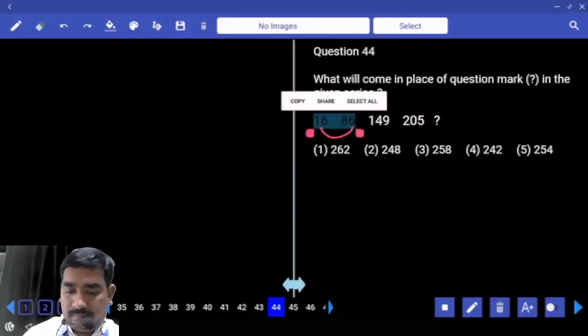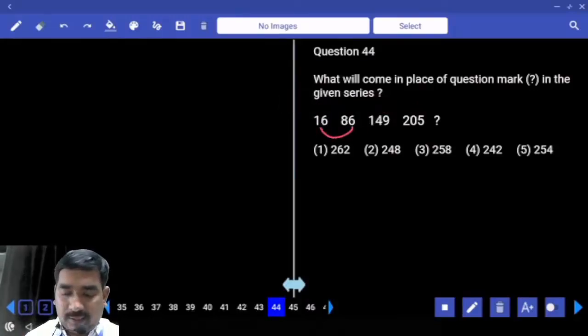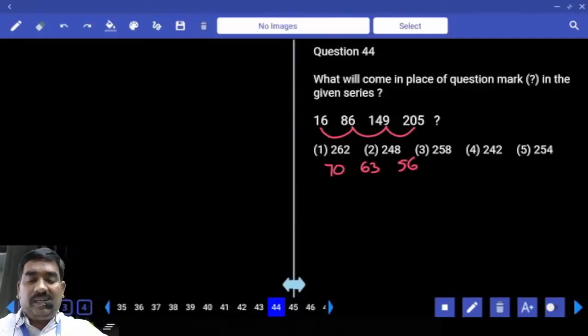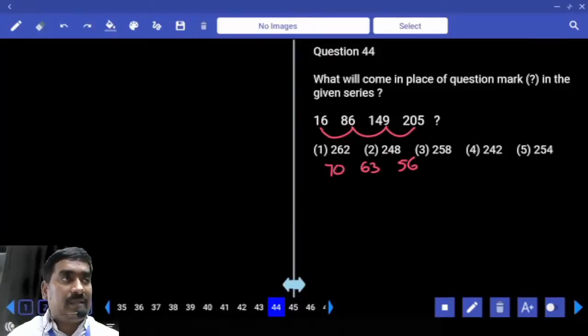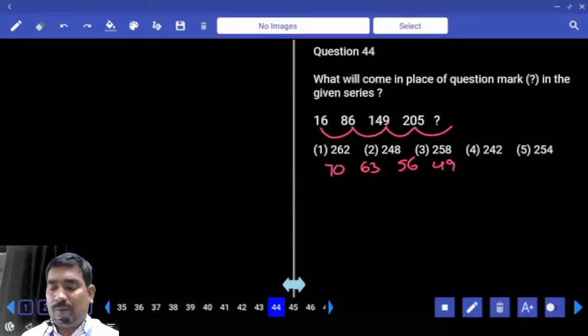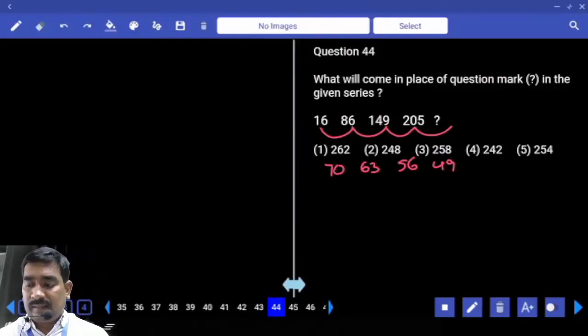Differences: 70, 63, 50... 7 tens, 7 nines, 7 eights, 7 sevens. 205 plus 49 is 254. The answer is 254.